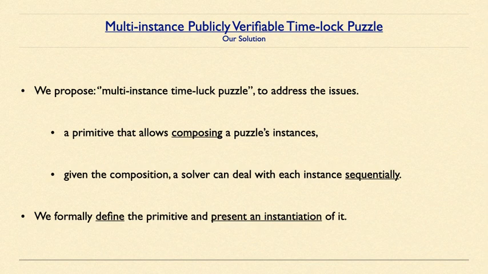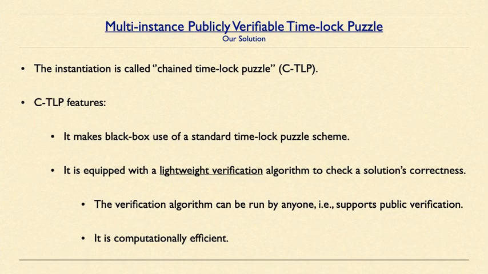Moreover, we present an instantiation of the primitive. The instantiation is called Chained TimeLock Puzzle, or CTLP. The Chained TimeLock Puzzle makes black box use of a standard TimeLock puzzle scheme. Therefore, the core traditional TimeLock puzzle remains unchanged in our protocol.